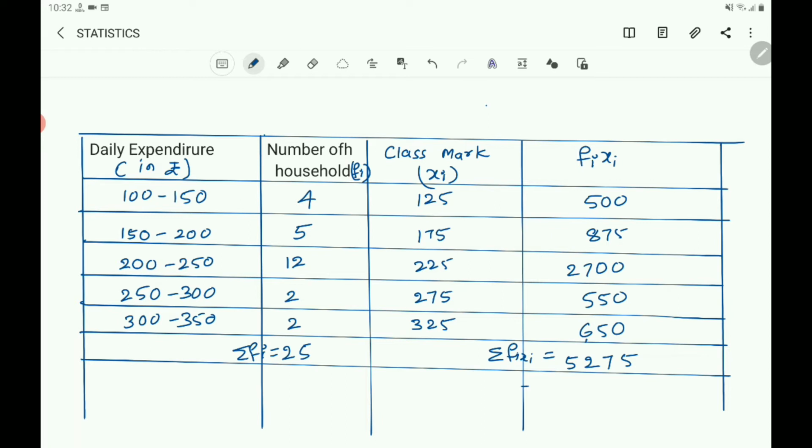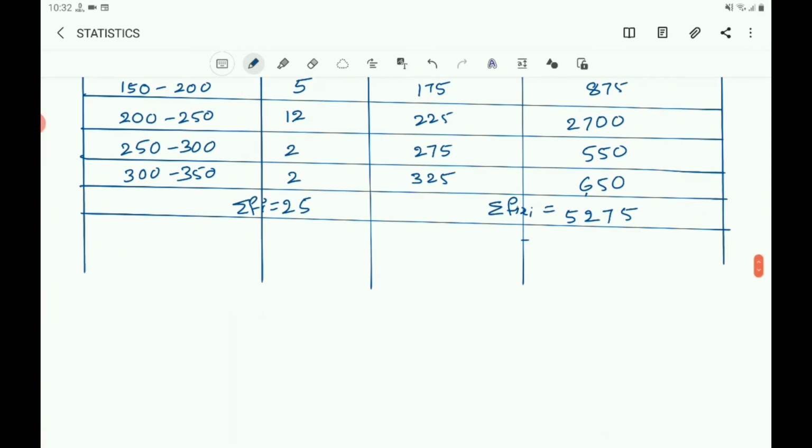You got 5275 is the sum. Then you write the formula for the x bar in the direct method.